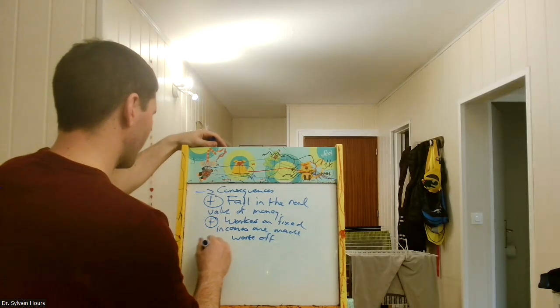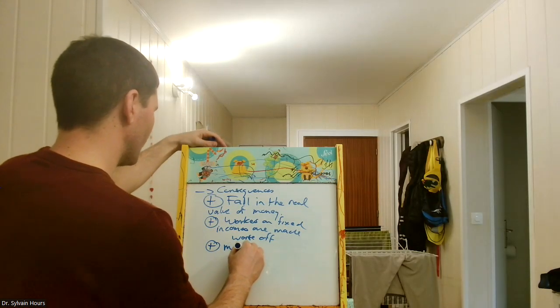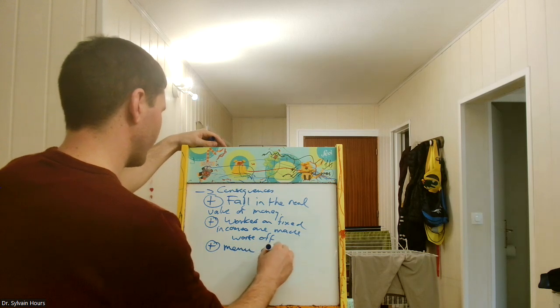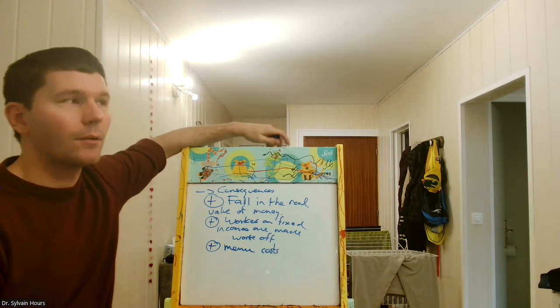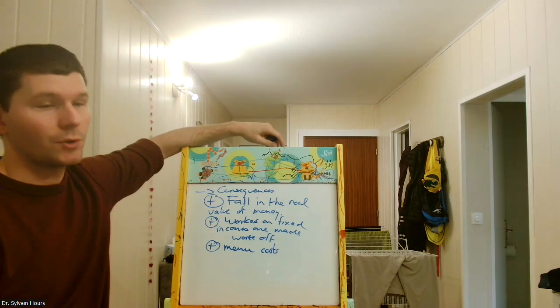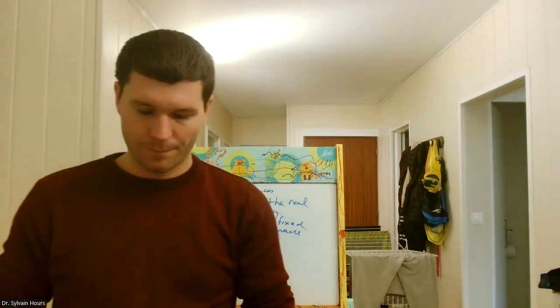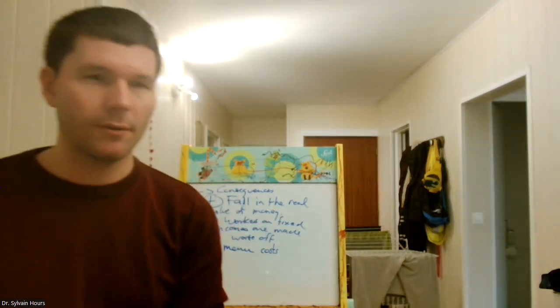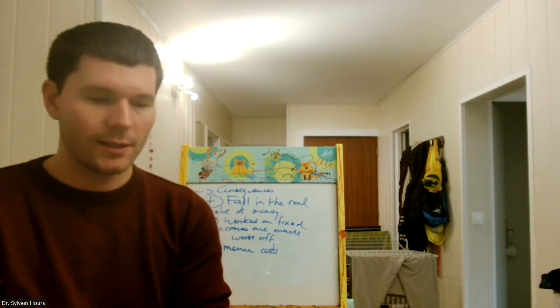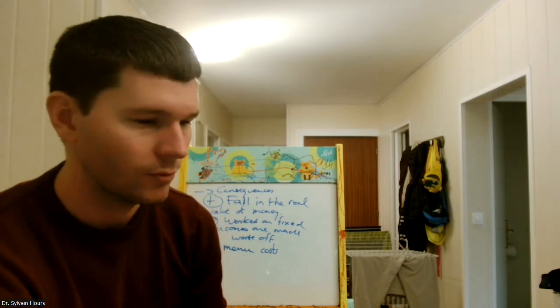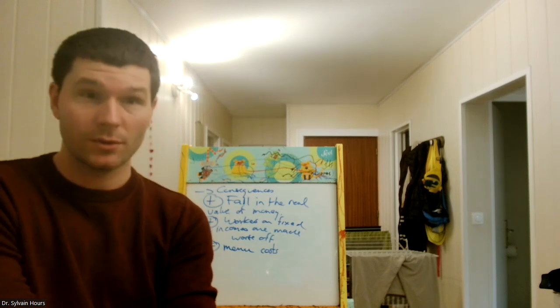Consequence number three, menu cost. Mostly relevant when inflation is very high. Okay, if you have a low inflation, we don't really care. The menu cost is the cost of changing a listed price. It's only relevant or mostly relevant for firms who sell many products.